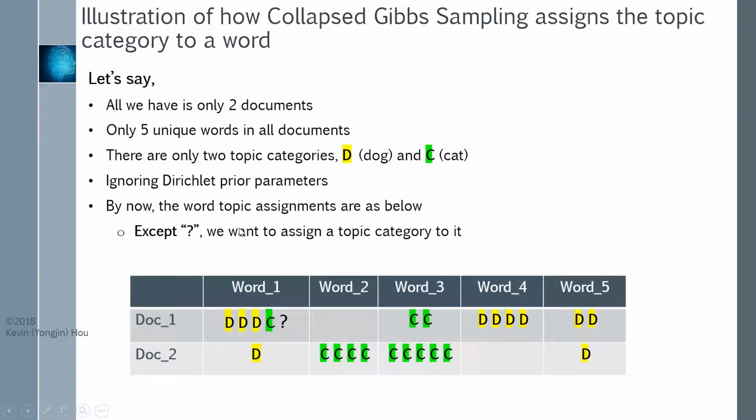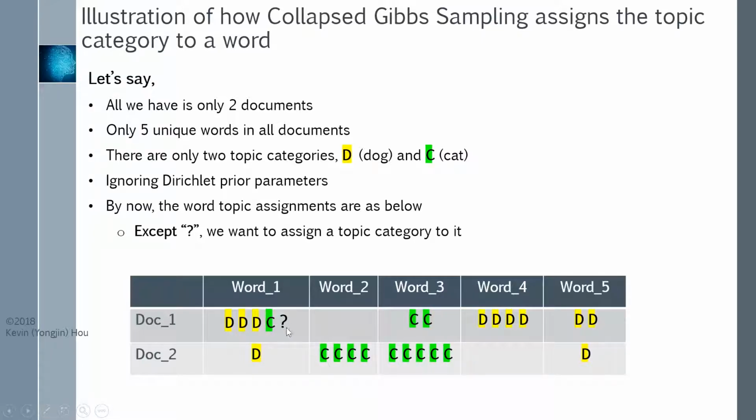Again, now coming to here, we also know that we only have 2 documents, and based on the random step and maybe certain updates, we already assigned the topics to all the words in document 1 and document 2. You see D somewhere and C somewhere, in yellow or green.